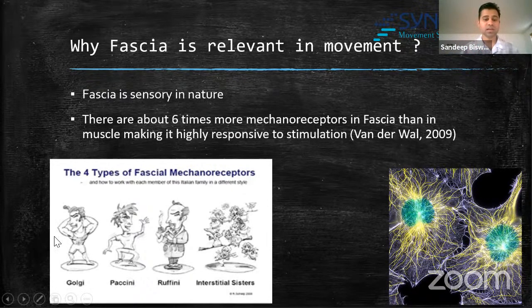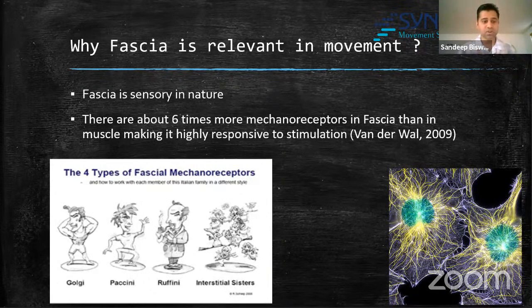And you can see these are the 4 most common mechanoreceptors in your fascial system, okay? And depending on what kind of mechanoreceptors you are influencing, your treatment methodology will change. Okay, so I'll just run through them briefly, introduce you to different aspects of these mechanoreceptors, and then give you an idea how you can influence these different mechanoreceptors.